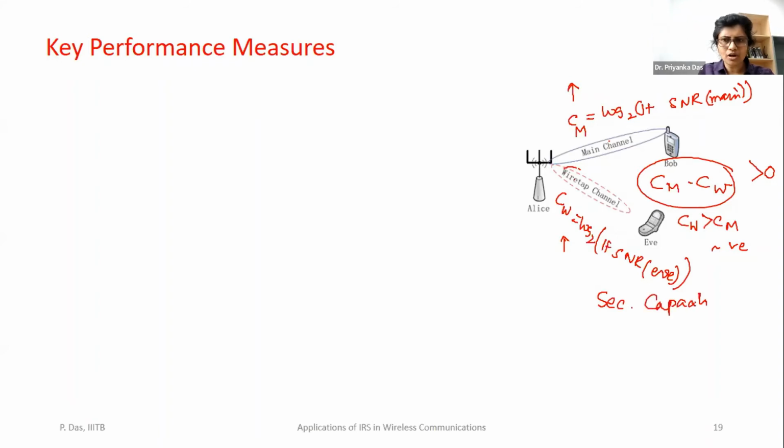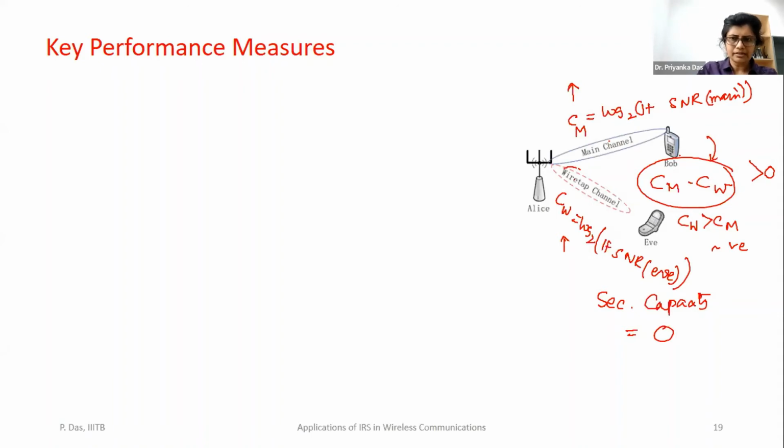In that case, I will say my secrecy capacity is 0 bits per second per hertz. I am not going to meet the security constraint if the wiretap channel is very high. So we have to introduce techniques such that you can meet the constraint that your secrecy capacity is non-negative.